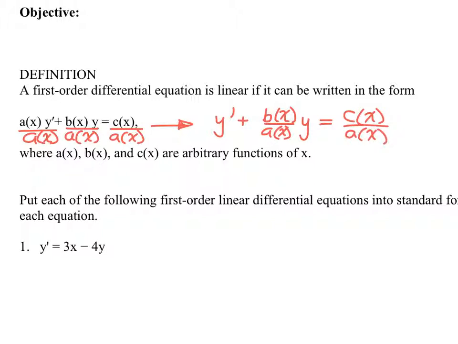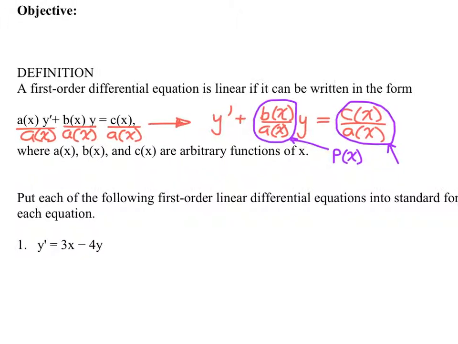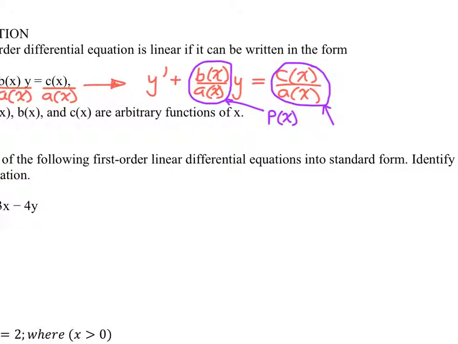All right, that coefficient function for y, we're going to call that a new function, p of x. And the constant function, it's not really constant if it's a function, but it takes on the form of a constant. We're going to call that q of x.